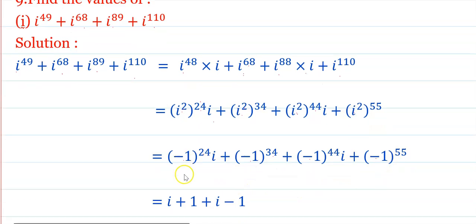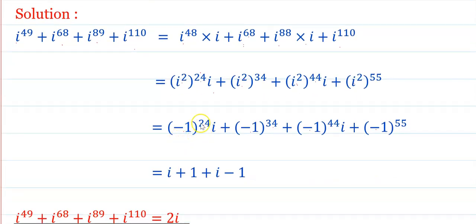And overall, minus 1 raised to 24, minus 1 raised to an even number is 1. 1 into this, minus 1 raised to 34, again 1 because minus 1 raised to an even number is 1. Minus 1 raised to 44, minus 1 raised to an even number, overall it is a plus 1.